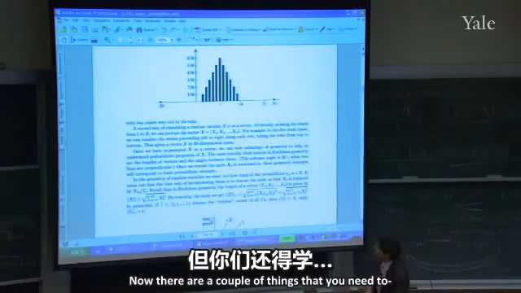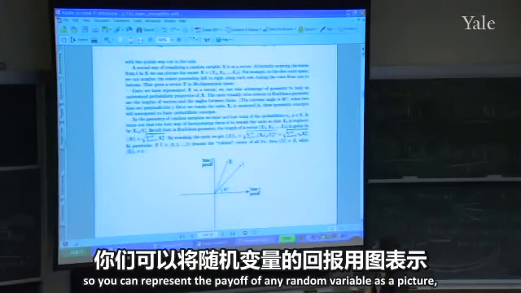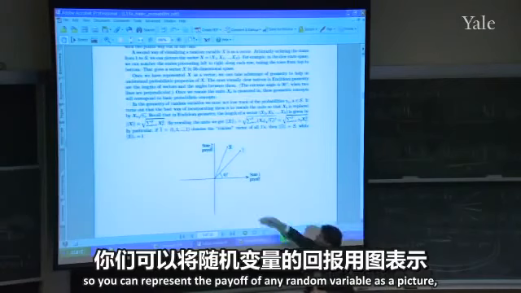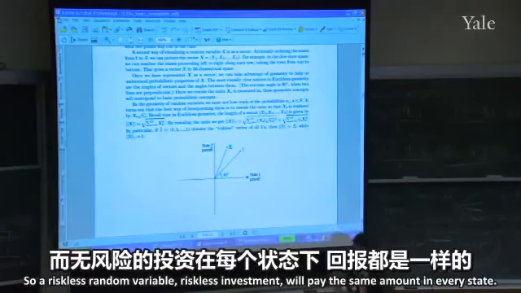Now there are a couple of things that you need to know. You can represent the payoff of any random variable as a picture: in every state, what is its payoff. A riskless investment will pay the same amount in every state.